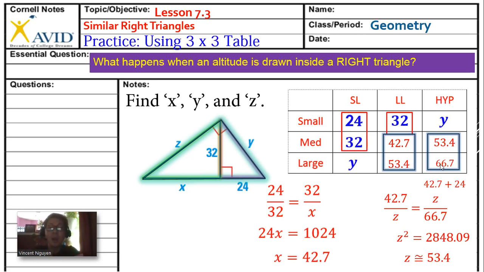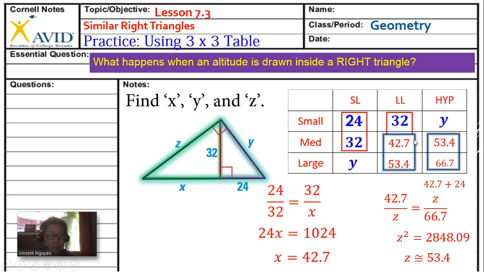The last one I have is y. There are multiple ways to do this. You could use this table to set up a proportion for y. But if you look over here on your drawing, y is actually the hypotenuse of a small triangle where you already know what the legs are. So you could use the Pythagorean theorem to find the hypotenuse, right? That's probably faster than using the proportion, because look at all these numbers.